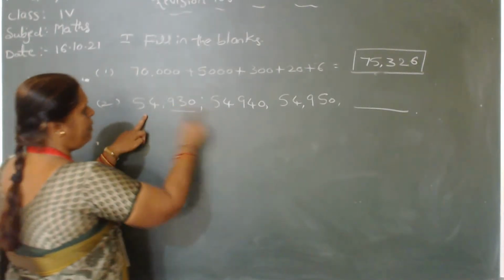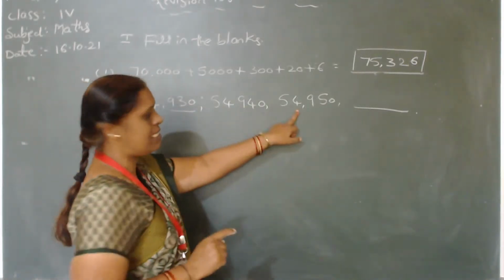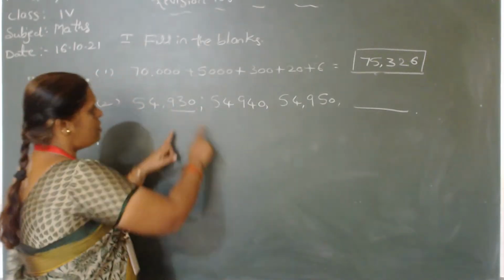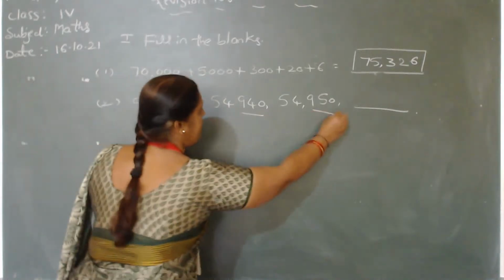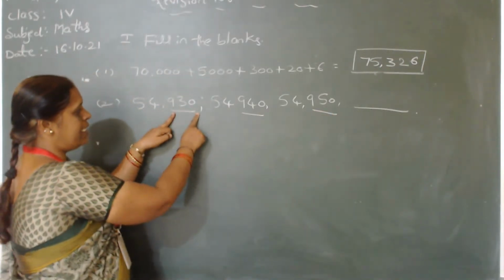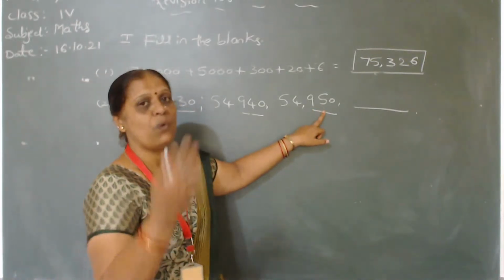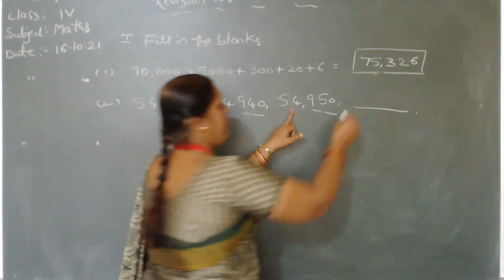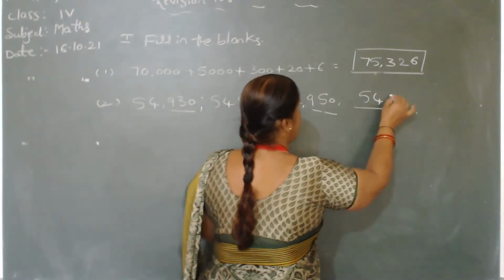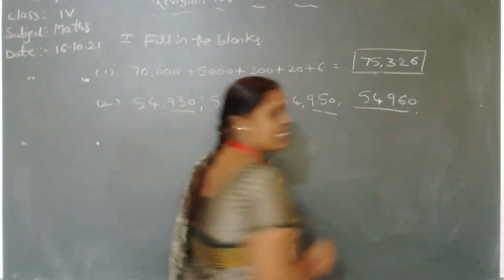Here in 54,930, all the 54 is in the thousands place, so the next numbers are changing: 930, 940, 950. What should the next number be? 54,960.